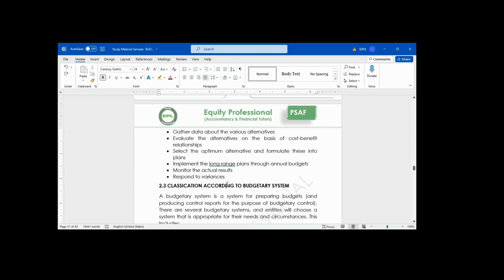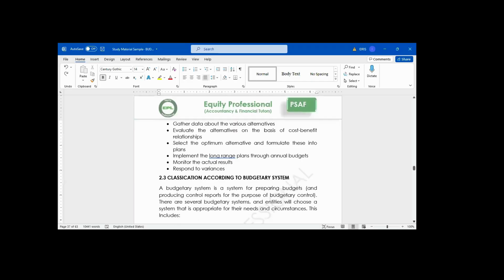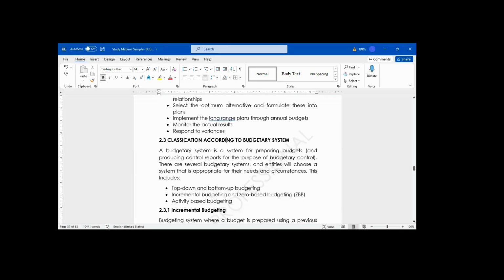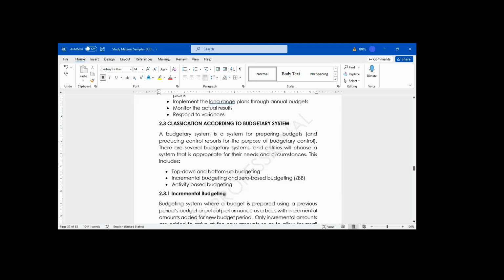You will implement the plan from the formulation of the plan. Implementation of the plan is the next thing. You now need to monitor actual results. After you have done that, you can respond to variance. These are the steps involved in formulation of long-term budget.